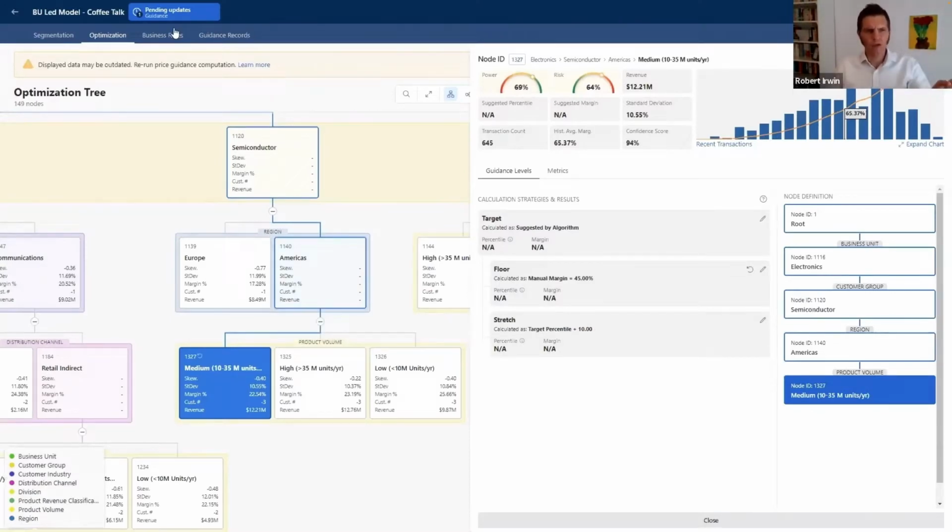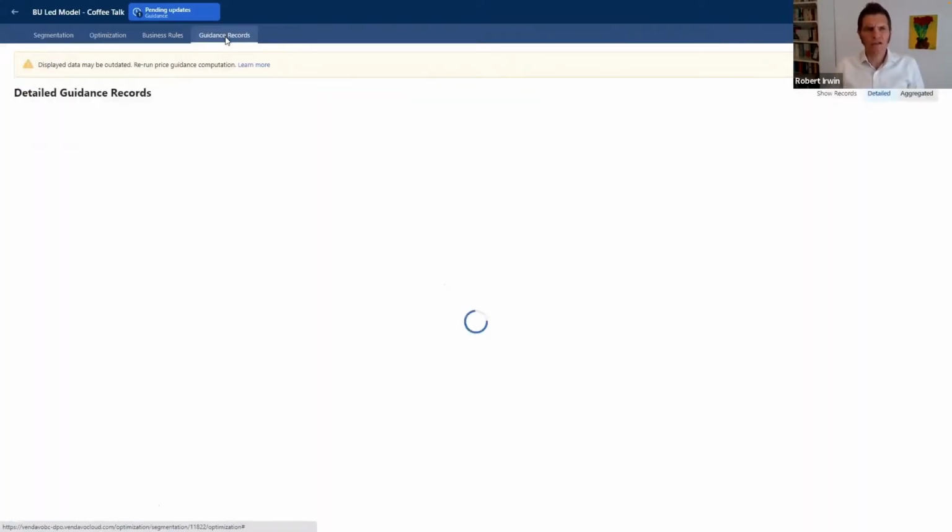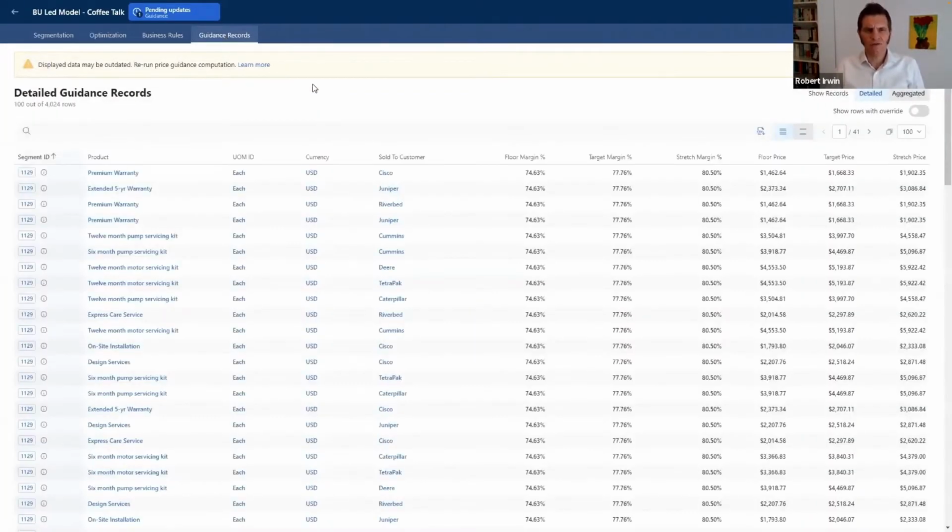Once I've set this up with my business rules, then the system will generate a set of guidance. So by segment, by product, customer combination, I have the target, the floor, and the stretch margin percent. And that equates to, because we have the current costs loaded, the target, floor, and stretch pricing.